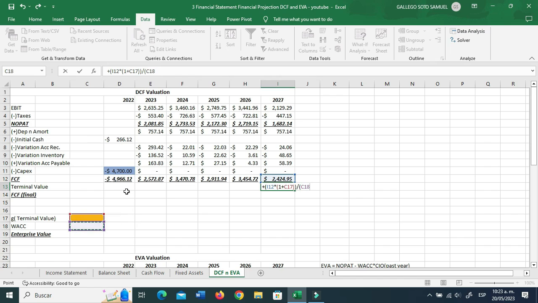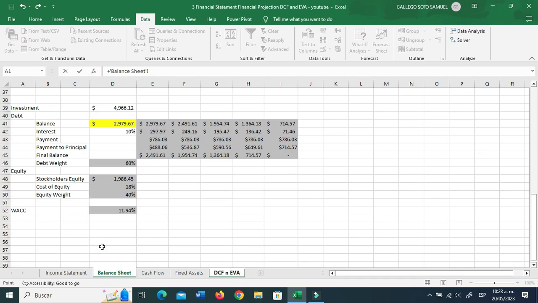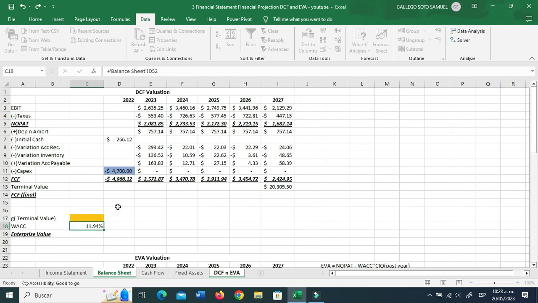Now we're going to get the terminal value, and that's only using the last cash flow times 1 plus G, which is going to be here, that one, divided by the WACC, or the weighted average cost of capital, minus the G. I'm going to get a big error because I didn't put the, what am I here? Okay, 17. Yes, great. I'm going to get a big error here because I don't have a WACC.